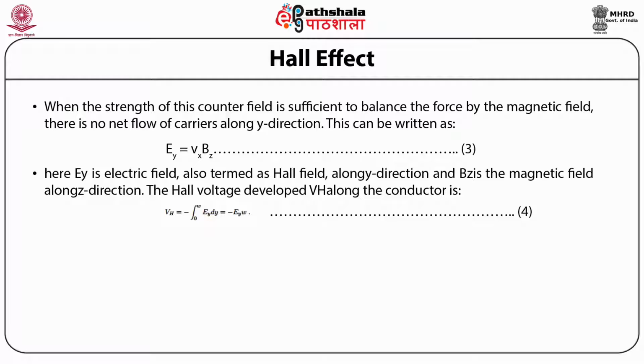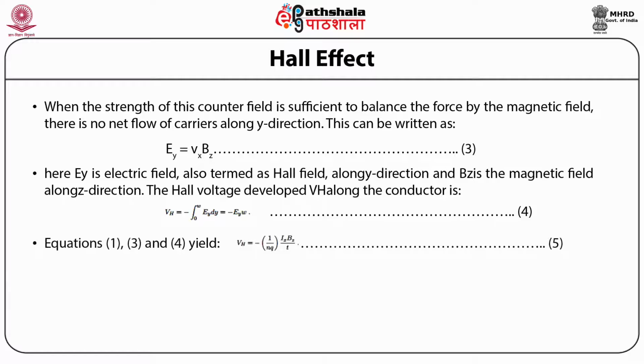This is equal to negative of Ey into W. This is represented as equation 4. Equations 1, 3 and 4 yield Vh equals negative of 1 by Nq into Ix Bz divided by T. This is represented as equation 5.